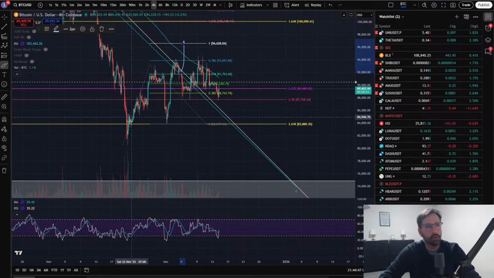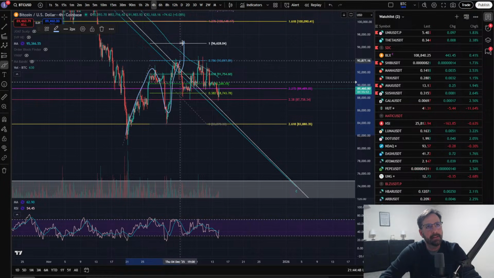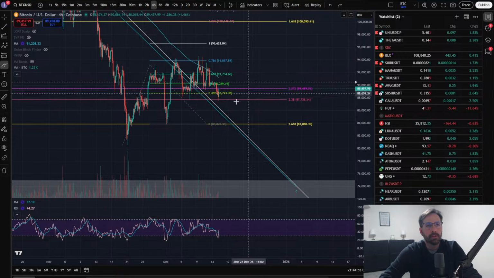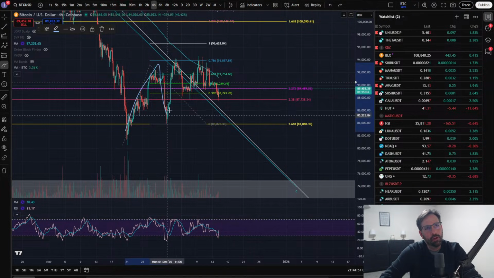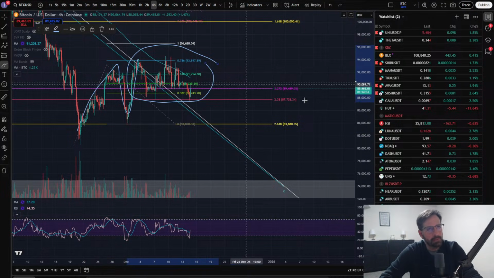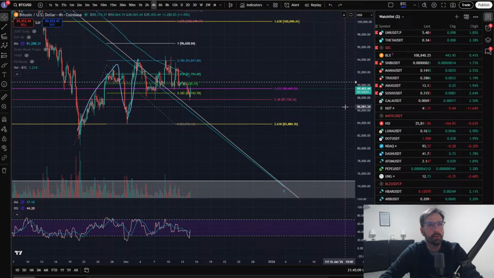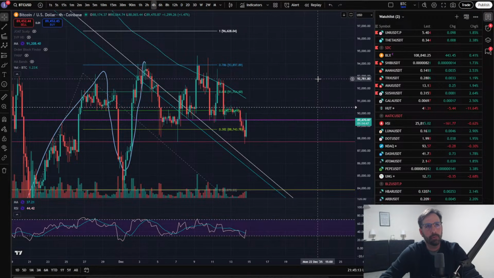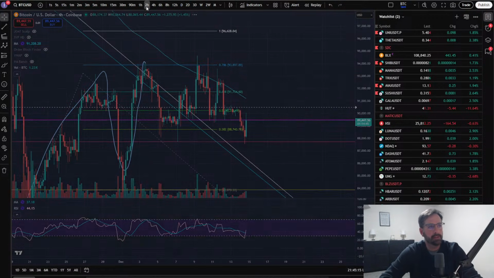That would have been a glorious, lovely zigzag to the 1-to-1, and I would have looked for it straight down, but we didn't get that. What we got looks to be a 3-wave move that came to the 786. That could still be a zigzag. So what's happening here? Well, this is really trashy and challenging. How do you deal with it? Where are the 5s? Where are the 3s? Let's zoom in just a little bit.